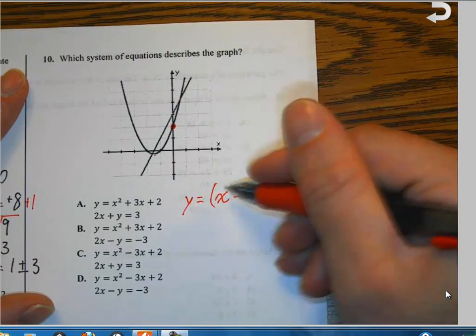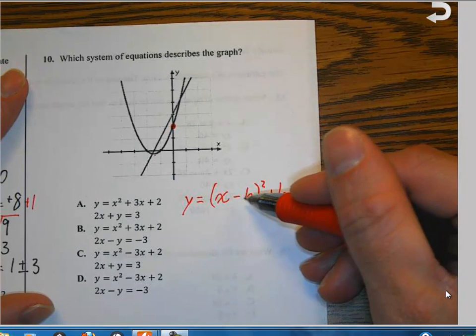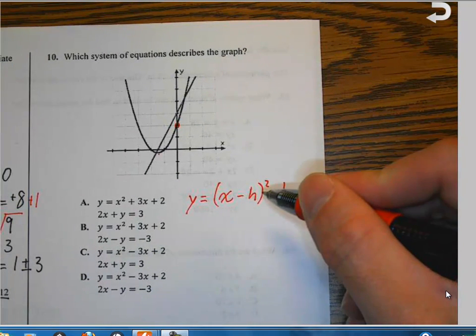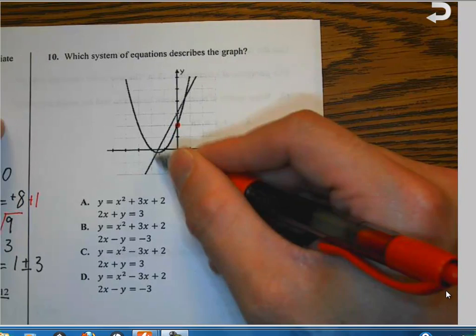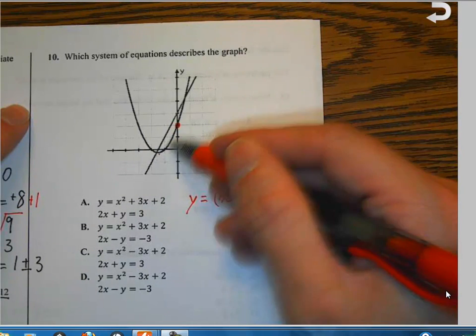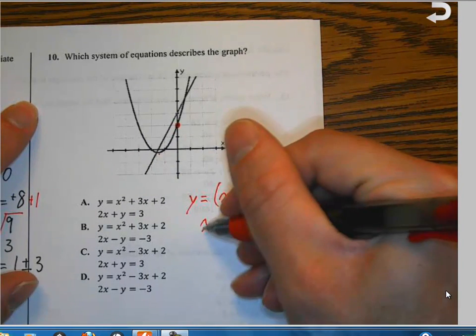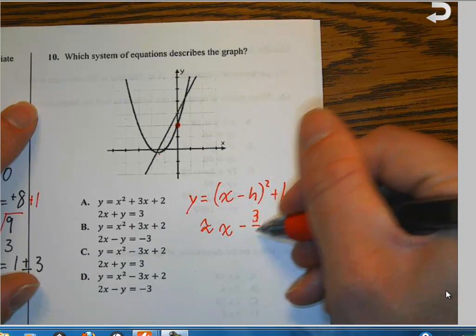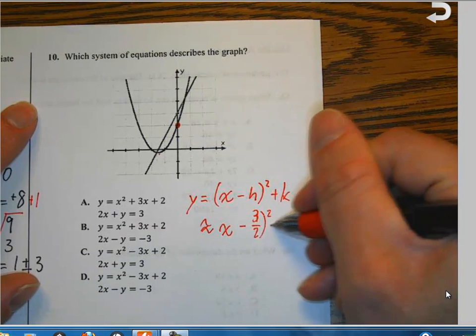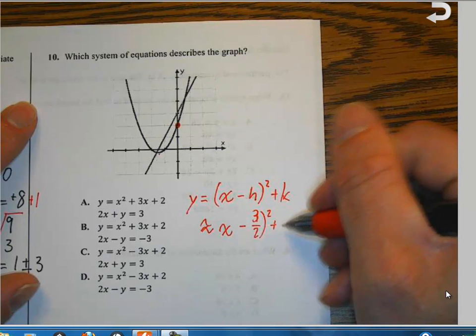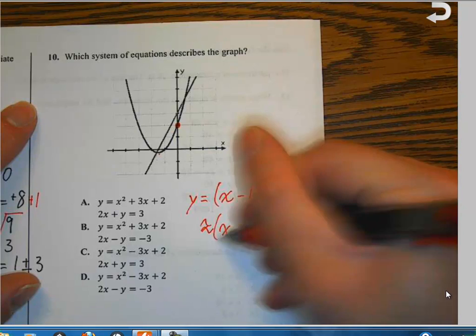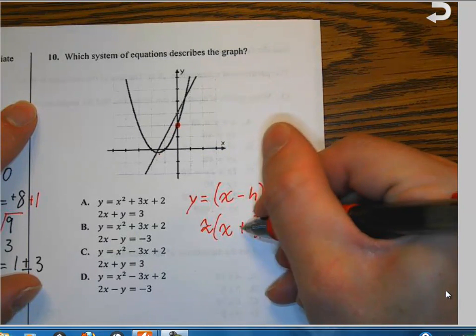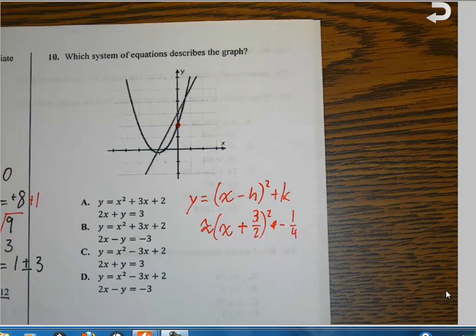We know when we do the binomial expansion that this is about x minus 3 halves squared plus a k that's going to be, we could just say, negative 1/4. This is all approximation. But we know it's positive because we're moving to the left and insiders lie.